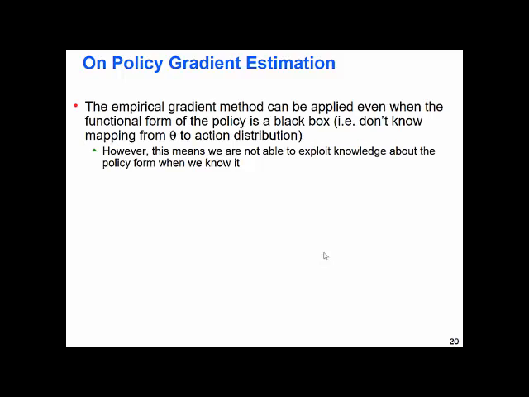We're going to show how, if I give you a policy of a particular form, just running that policy, you're going to be able to compute the gradient vector without actually tweaking the parameters and running the policy again. And that's going to be a very powerful thing. So just running your current policy, you're going to be able to estimate the gradient just from those trajectories. And we'll show how to do that next time.